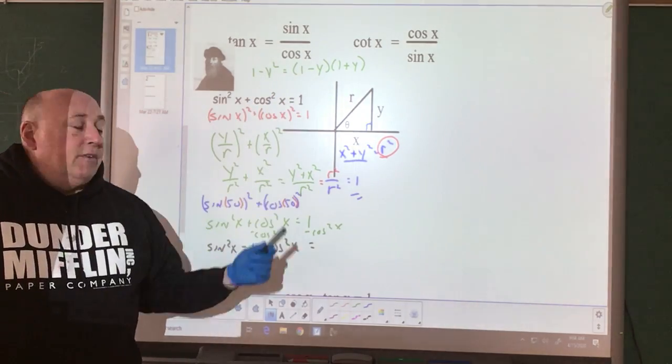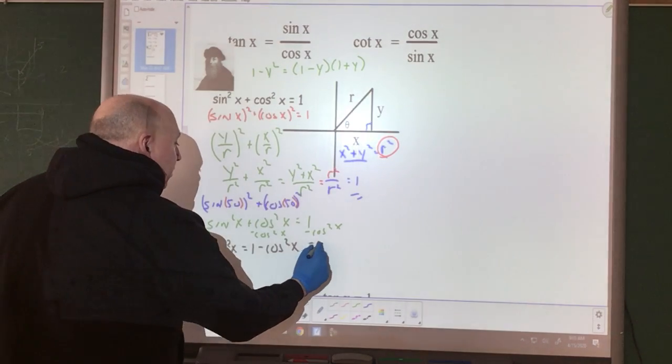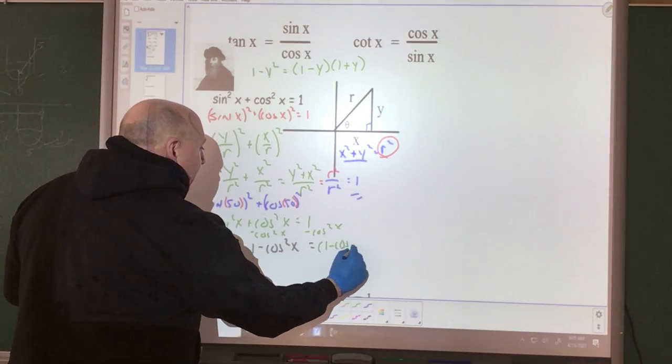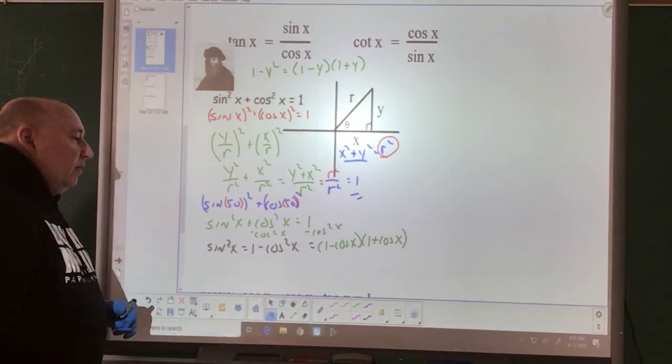This is a difference of perfect squares. This is what we have here. So this would factor down into 1 minus cosine of x and 1 plus cosine of x.